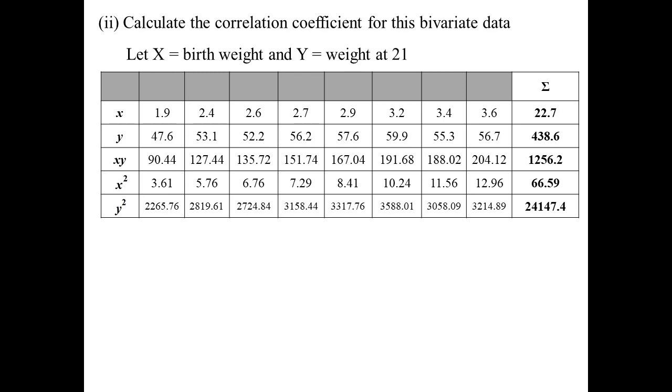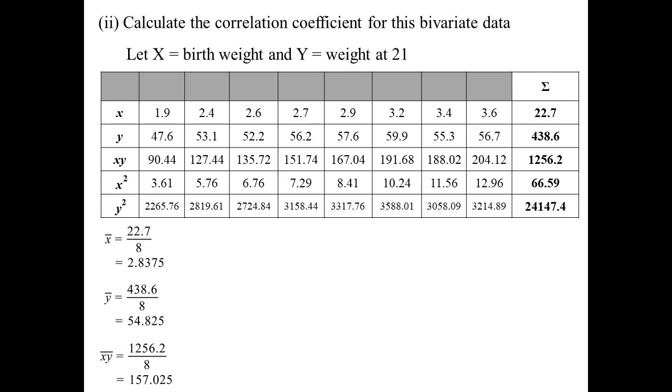All right, now I should be able to do our calculations. First of all, the average of X will be the sum of the X column, 22.7, divided by 8, so 2.8375. The average of Y turns out to be 54.825. Now the XY column, if we average that one out, we get 157.025.